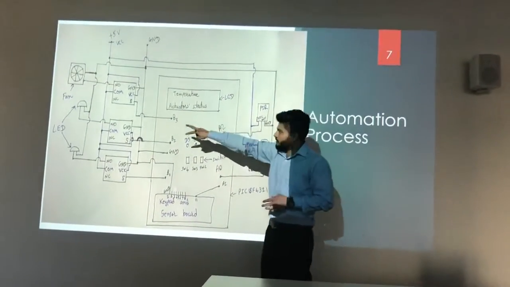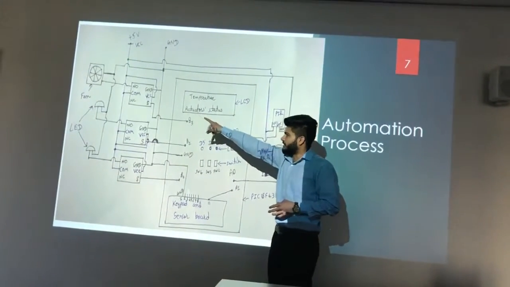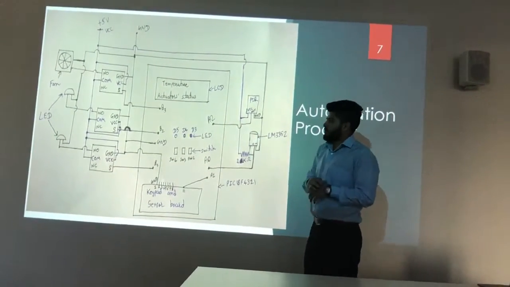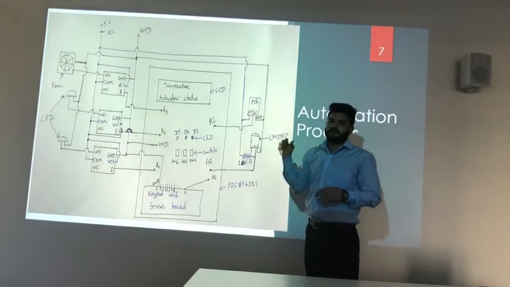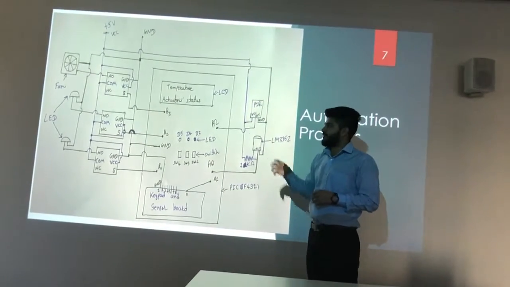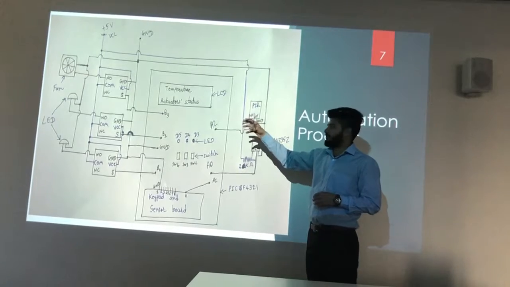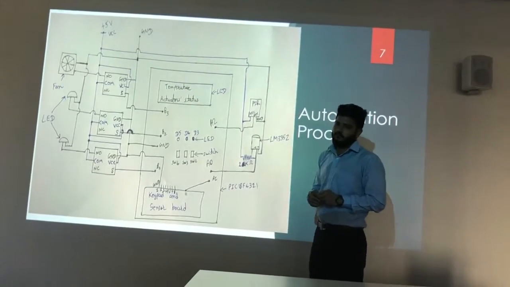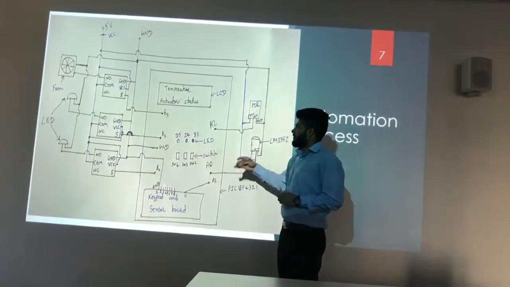There are two LEDs and one fan, which are connected to the normally open port of the relays. So whenever it gets a signal from the PIC board, only then will it close and start the actions of the actuator.